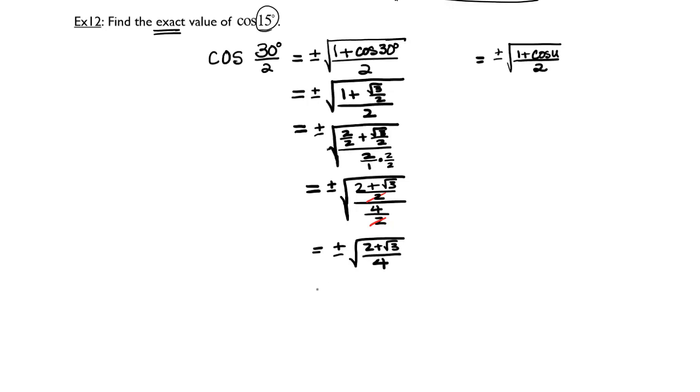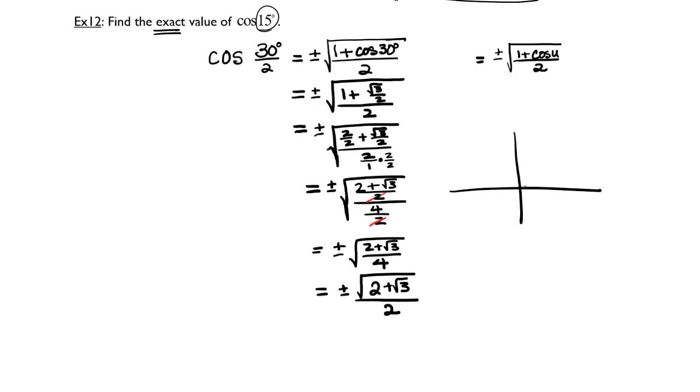4 is a perfect square, and so I can rewrite it with 2 in the denominator and no radical. So I have 2 plus root 3 under the radical, all divided by 2. This is the exact value for cosine of 15 degrees. However, we do need to discuss whether this will be a positive or negative value.